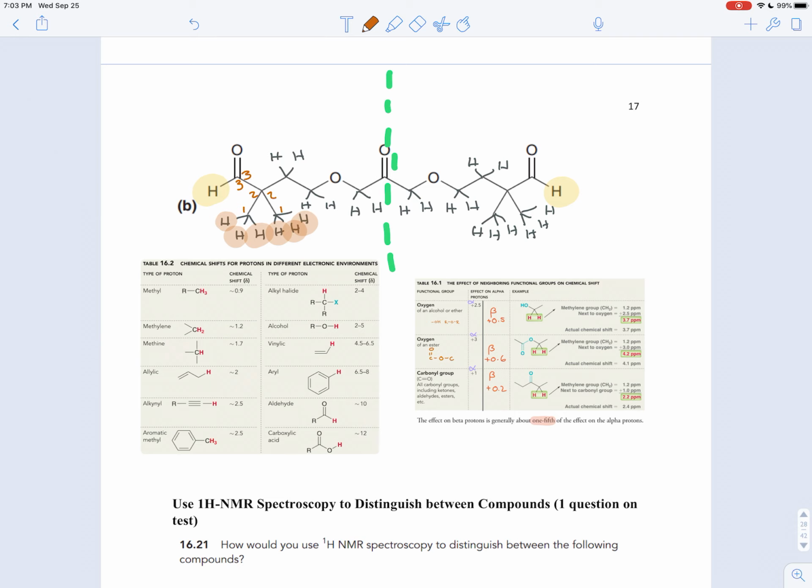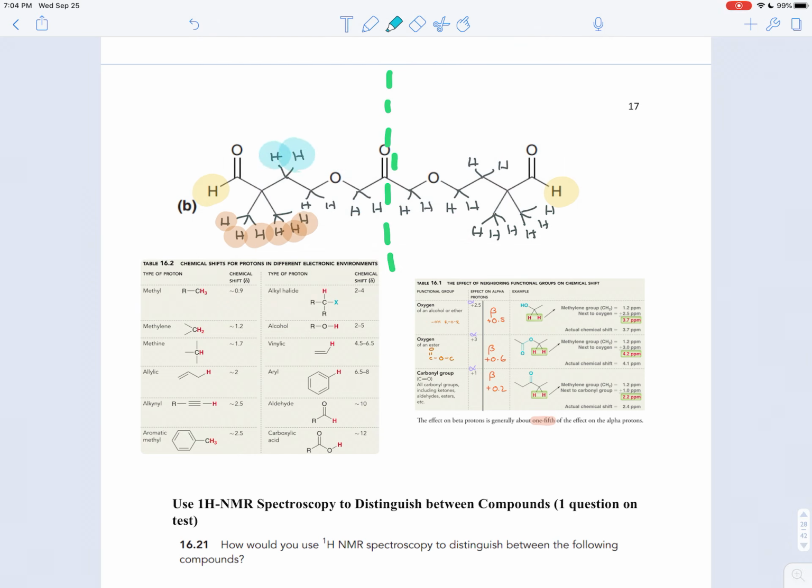They're also both 1, 2, 3, 4, 5 atoms away from the ether oxygen. Well, if you have the same groups, the same distance away, that's the same electronic environment. And so all those brown hydrogens are in the same electronic environment. So that's the second signal. And the fact that there are so many hydrogens there just means that signal is going to have a larger area underneath it.